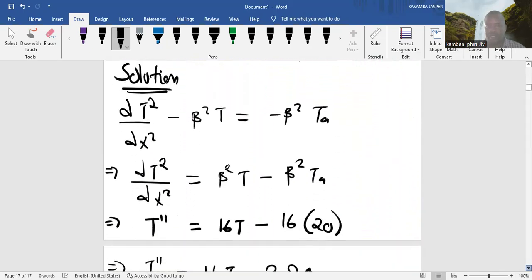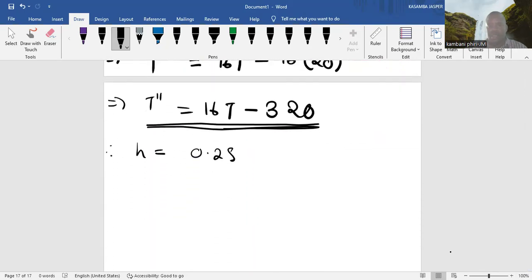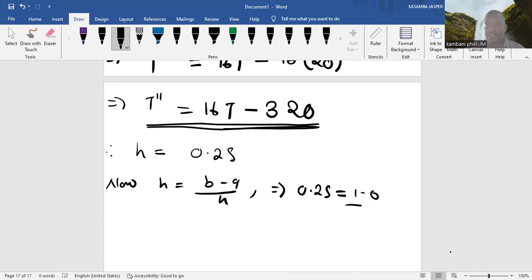So it simply means, now we know that h is given by b minus a over n. Implying that our h is 0.25, our b is the upper boundary, which is 1, minus 0, divided by n, implying that n, when you do your calculations, will be 4. So we'll have 4 equal subintervals.